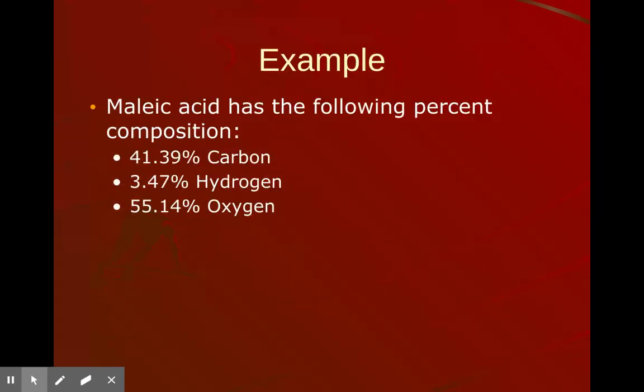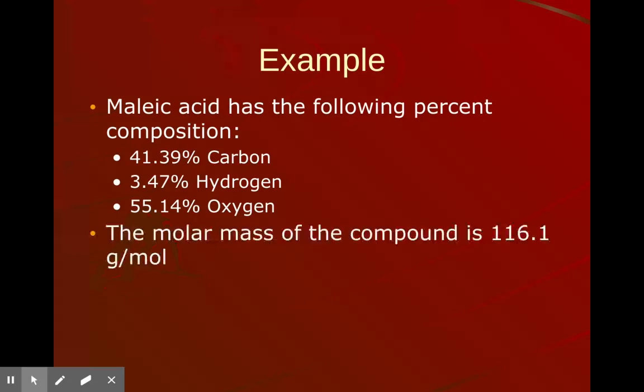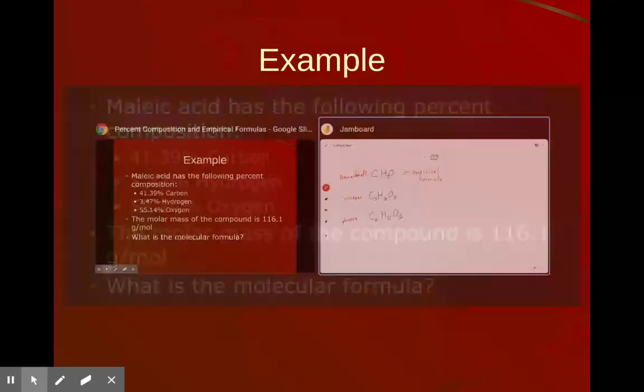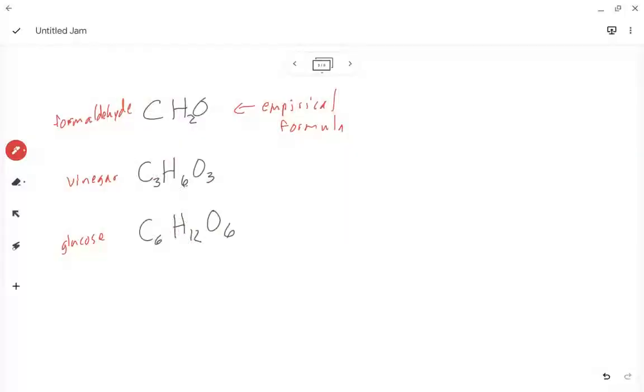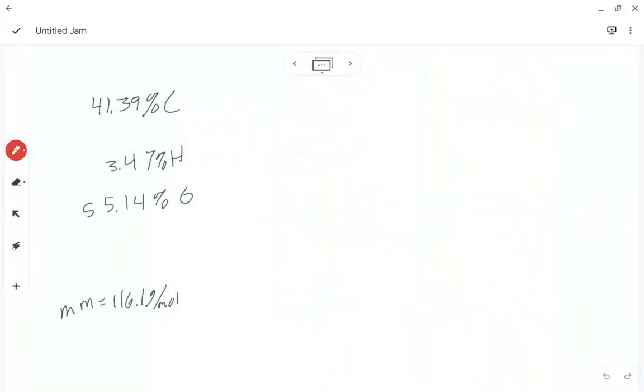So maleic acid has this percent composition, and its molar mass is 116.1 grams per mole. What's the molecular formula? Well, the first step is we're going to calculate this just like an empirical formula problem.